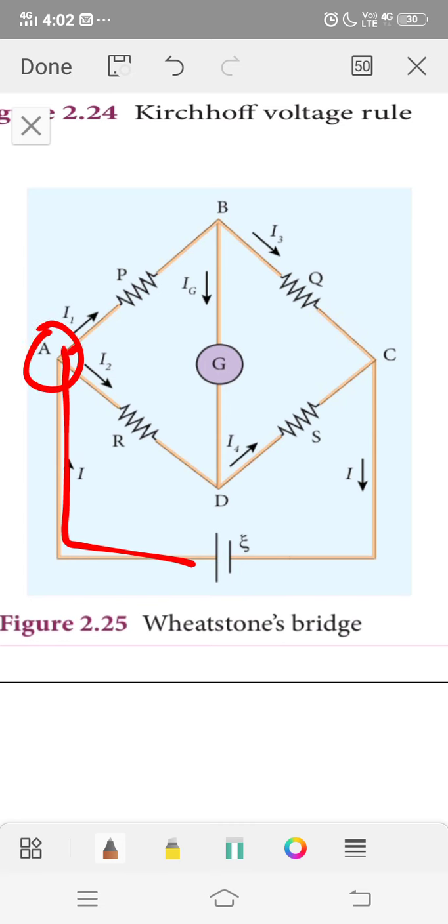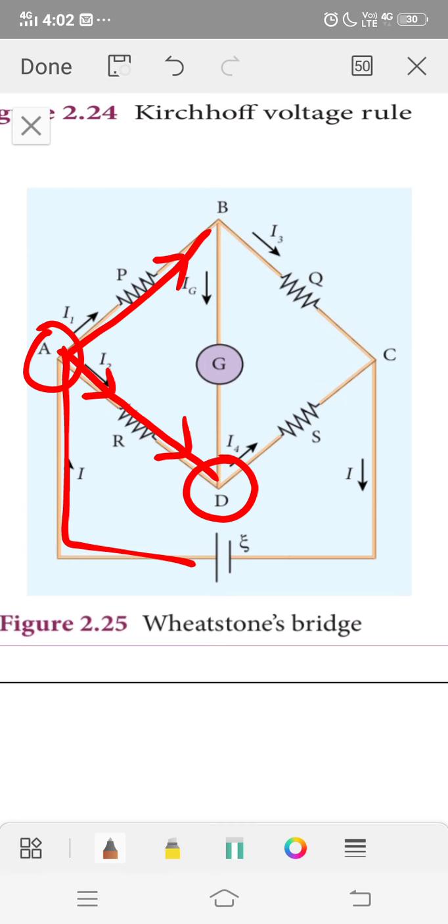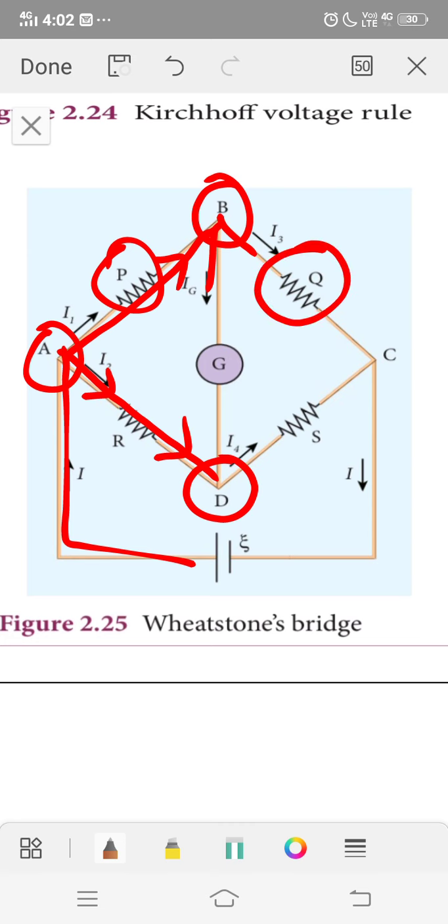The first current passes across the resistor P, and the second divided current passes across the resistor R. The current leaving resistor P reaches point B. Here again the current is divided, and the current flowing through resistor Q is represented by I3, and the remaining split current passes across the galvanometer.